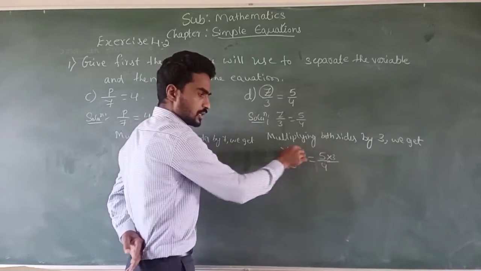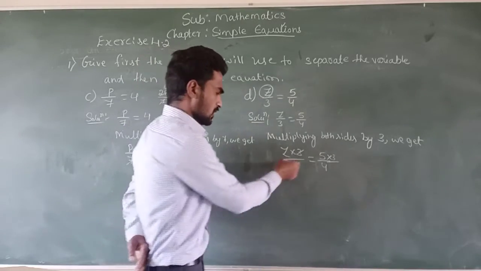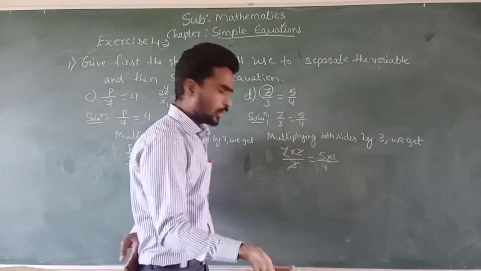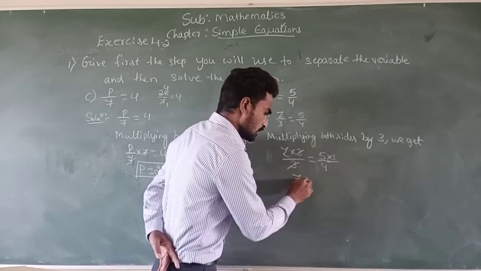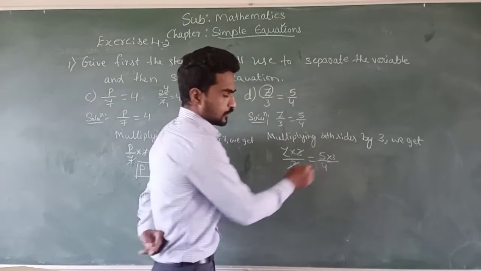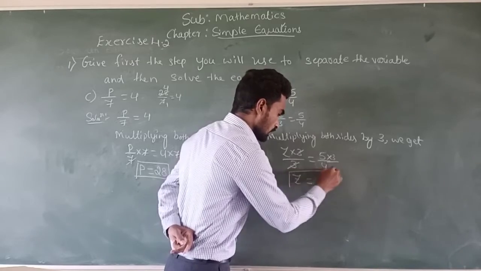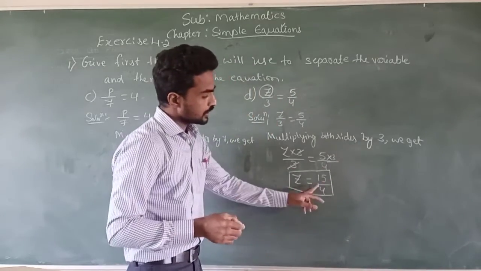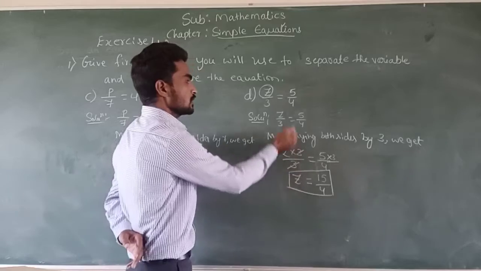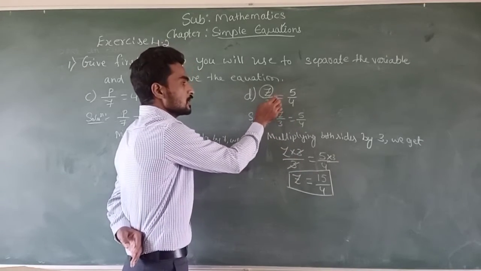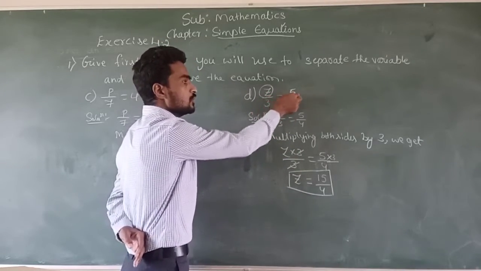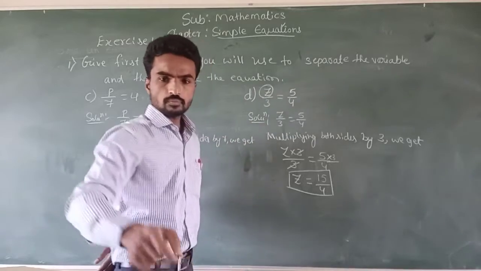Here these 3 cancel, then 3 by 3, that is equal to 1. Then z into 1, that is equal to z. z is equal to 5 3s are 15 divided by 4. Then z is equal to 15 divided by 4 is the solution of the given equation z by 3 is equal to 5 by 4.